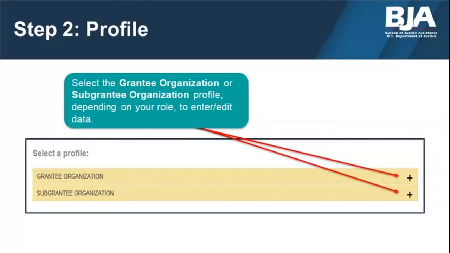To continue to enter or edit data, select the grantee or subgrantee profile you want to report on by clicking on the plus sign and then your organization's name. As a note, you will not see this page if you only have one PMT profile or award, but will instead be brought right into the performance measurement tool.